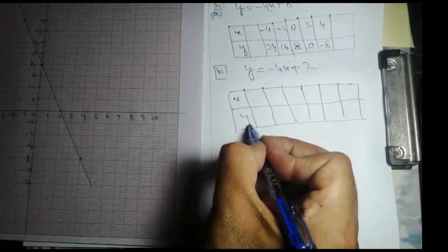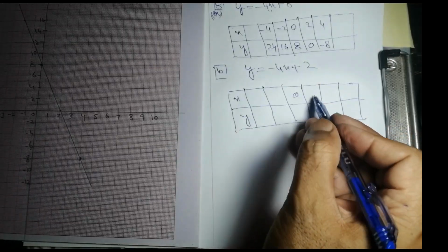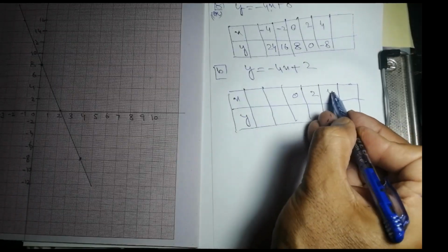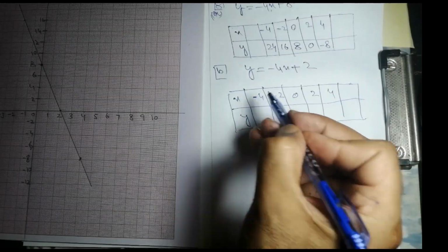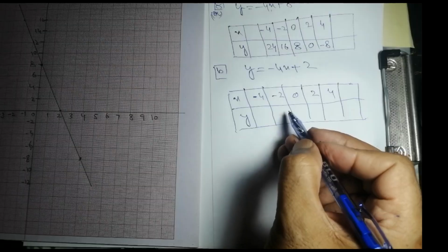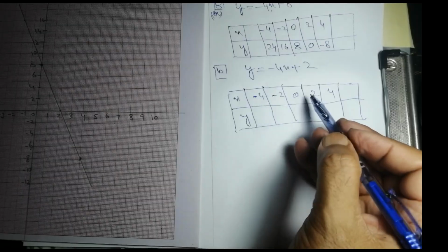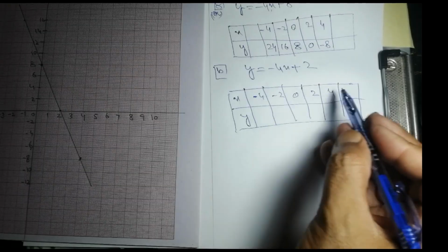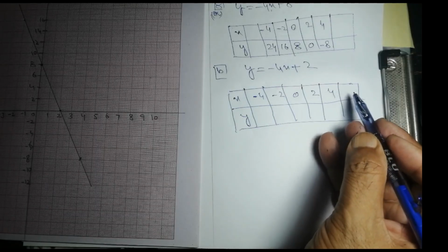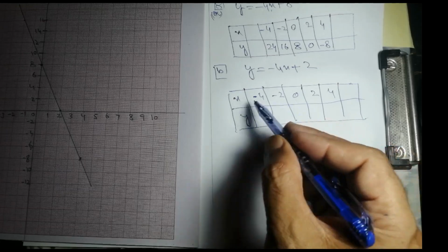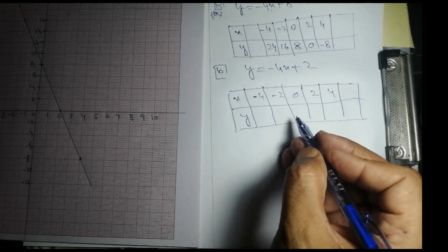So x and y: 0, 2, 4, -2, -4. And as I mentioned earlier, if you want, you can draw a longer table. You can write all values 0, 1, 2, 3, 4, -4. But I took only a few values which are sufficient.